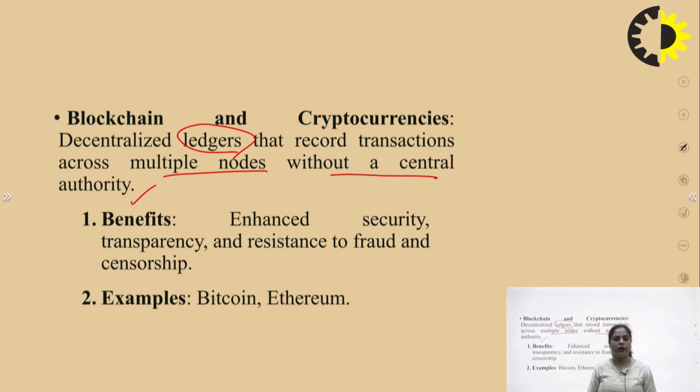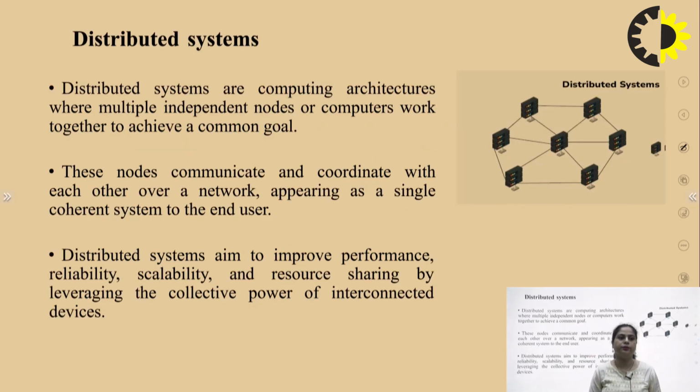Everyone has the records, everyone has the ledger. In a decentralized network, transparency is there. All the updates are visible to every node. Benefits: enhanced security, transparency, resistance to fraud and censorship. Examples of these decentralized networks are Bitcoin and Ethereum, which are the mainly used cryptocurrencies.